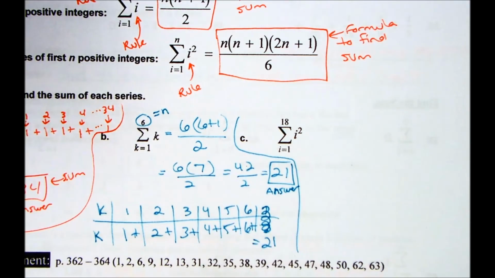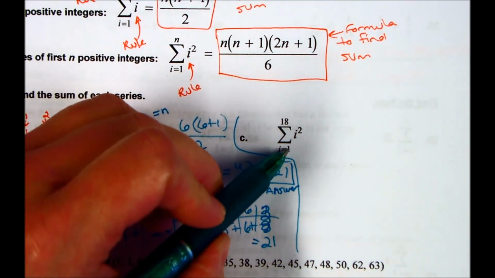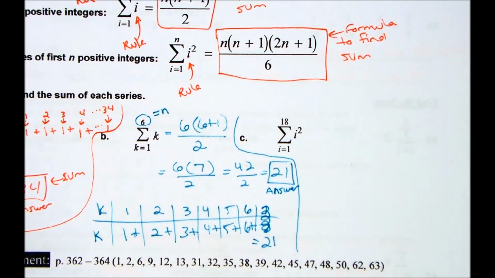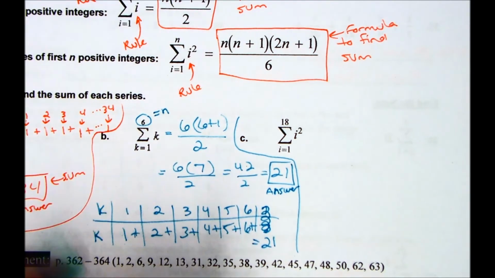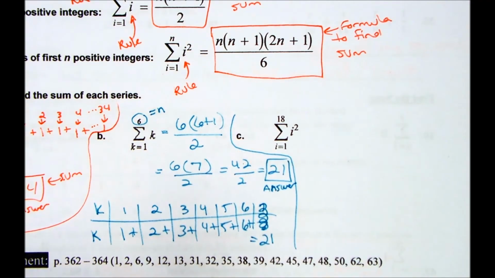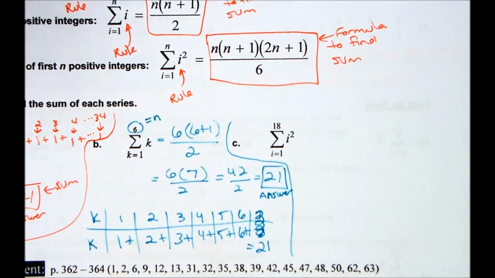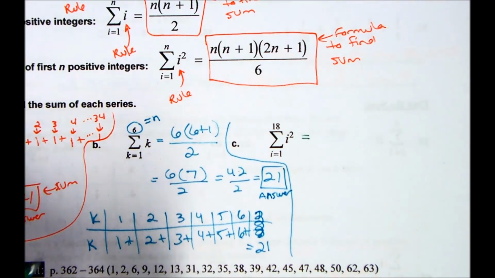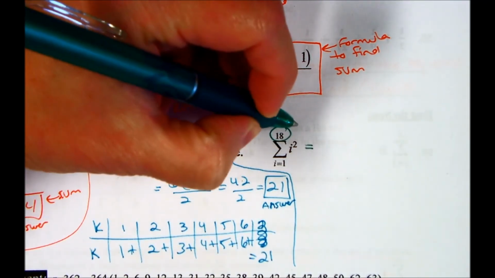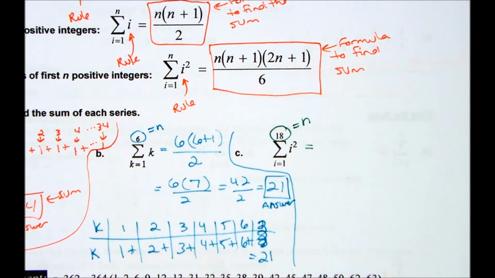So that's our third. In the third case here, we've got I squared, and we're going from 1 to 18. I don't know about you, but I'm not going to take 1 squared plus 2 squared plus 3 squared plus 4 squared all the way up to 18 squared. I would much rather use a formula that somebody else has already figured out. The number that I'm going to plug in for n is 18.